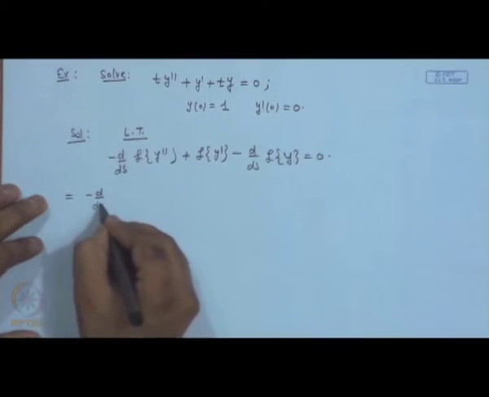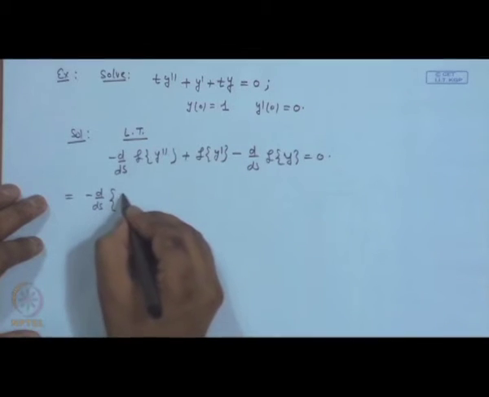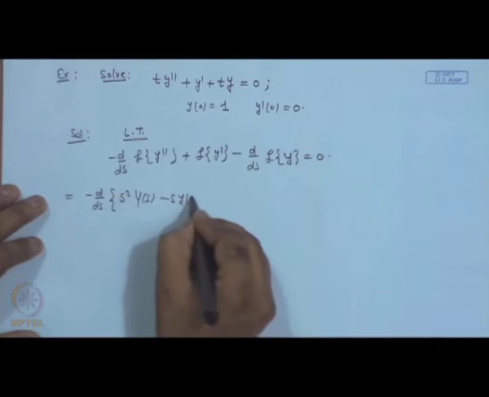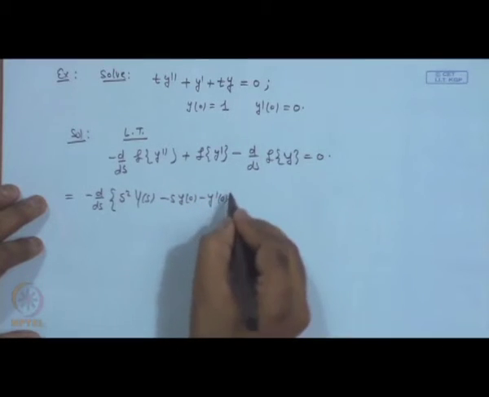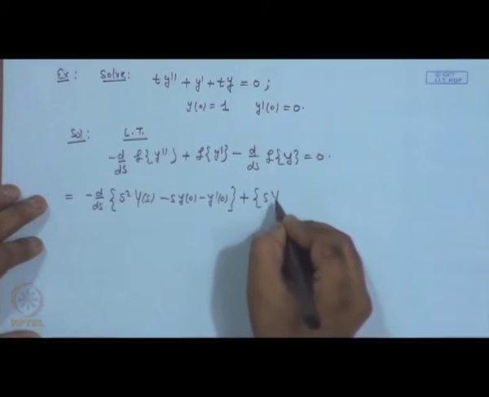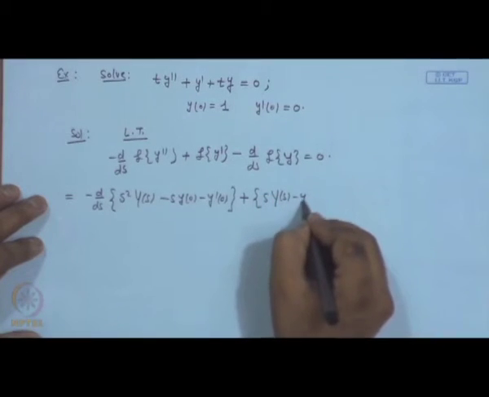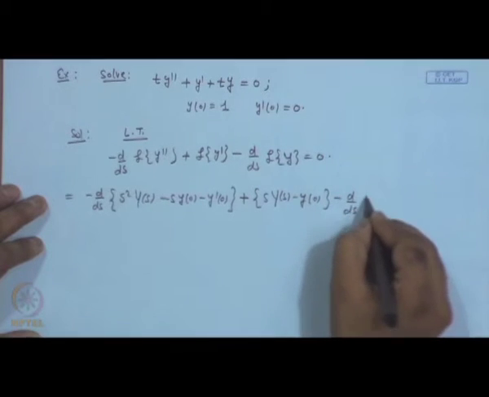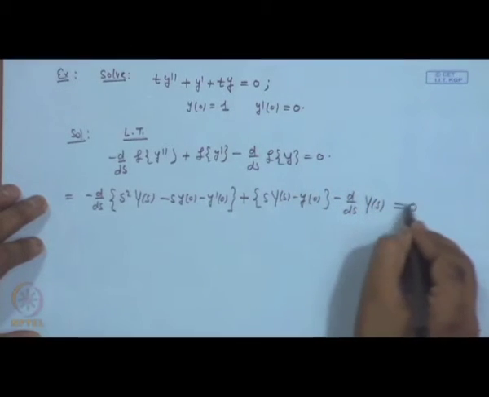So, minus d over ds of s squared Laplace of y minus s y(0) minus y prime(0), plus s Y(s) minus y(0), and we have minus d over ds, and we denote it by Y(s), is equal to 0.